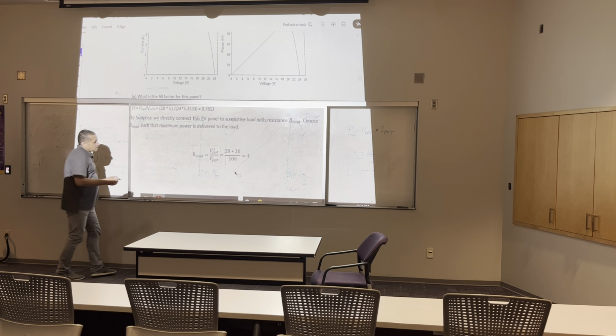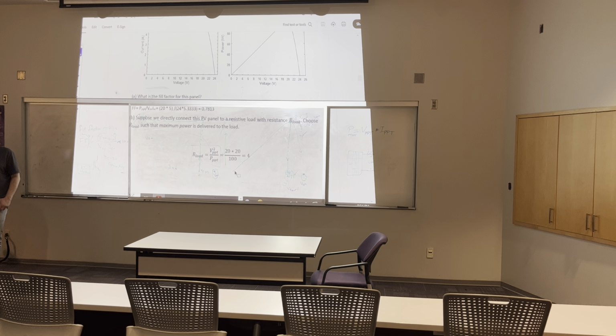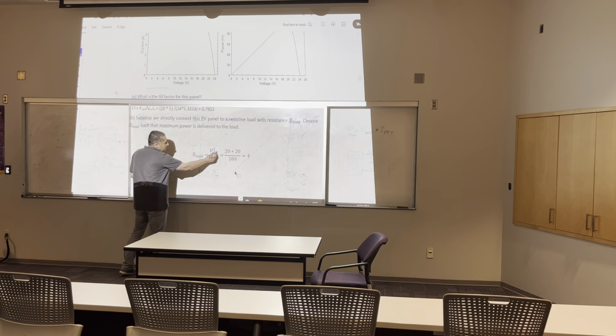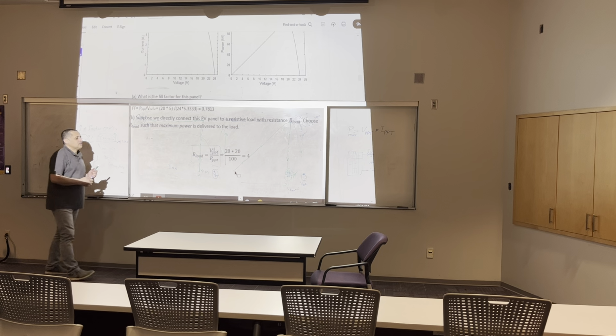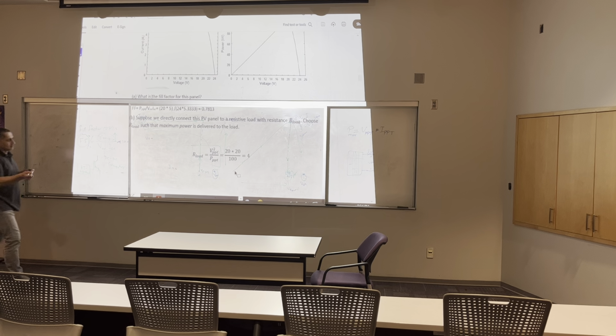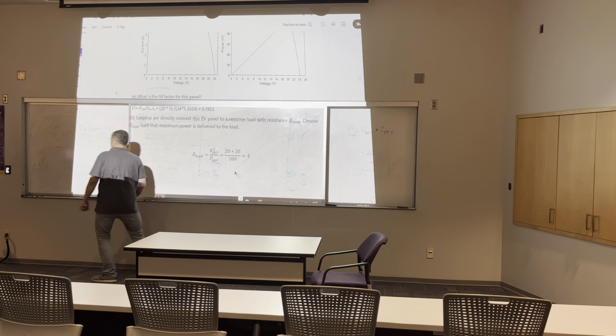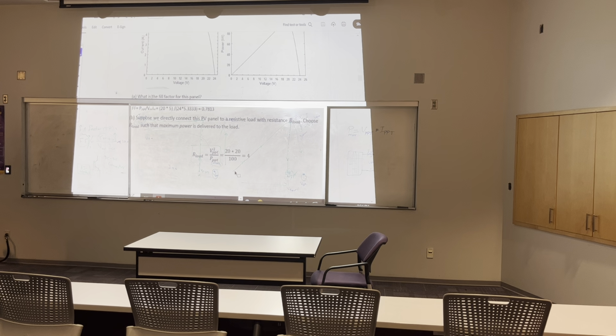Because R equals V squared divided by P. So R load equals VPPT squared divided by PPT, or P max. This is R.